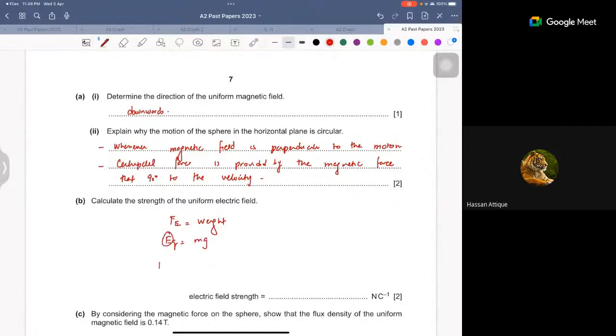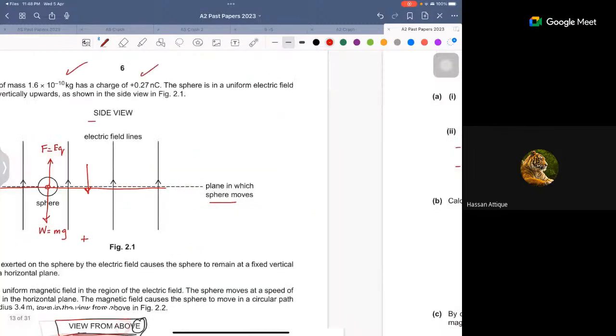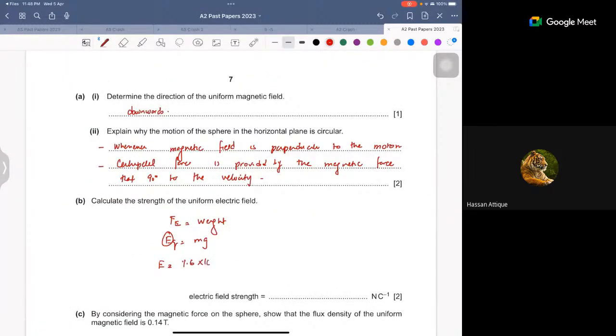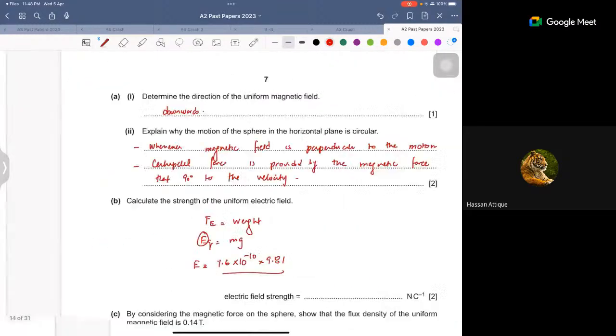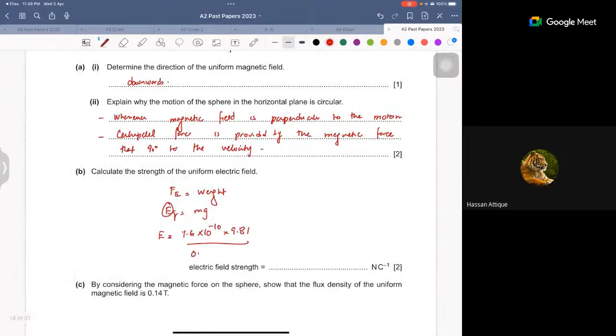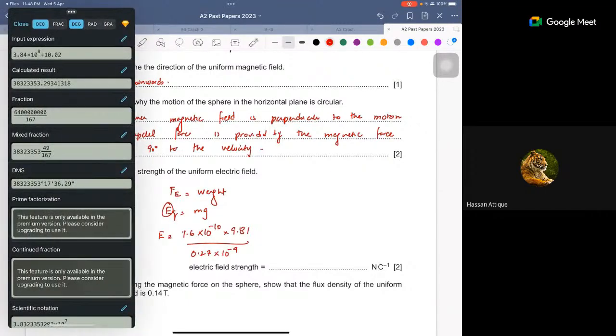Strength, we need E. The mass was given here, 1.6 times 10 to the minus 10, G is 9.81, divided by the charge, which was also given, 0.27 nano, which is 10 raised to the power minus 9. Calculate it.